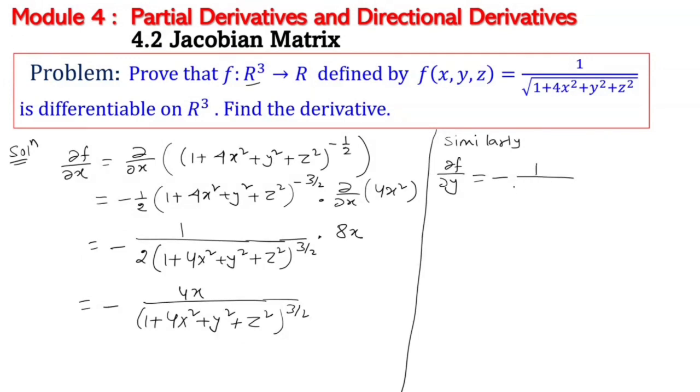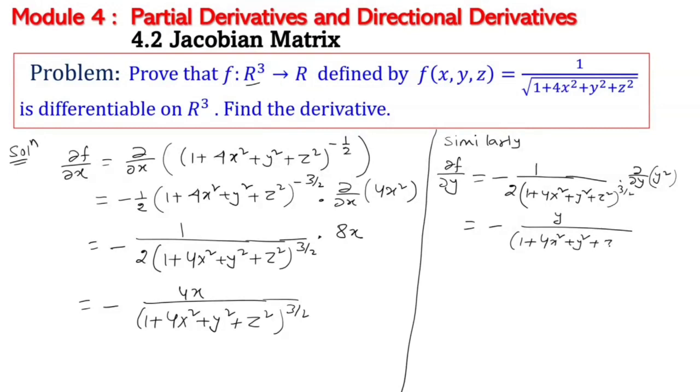The first part will be the same: minus 1 over 2 times (1 + 4x² + y² + z²) to the power 3/2, and then we have the partial derivative of y², so this is equal to minus y over (1 + 4x² + y² + z²) to the power 3/2, which is again a continuous function.